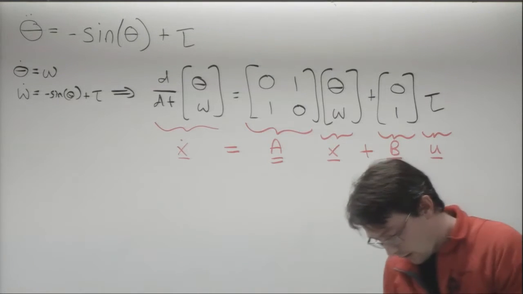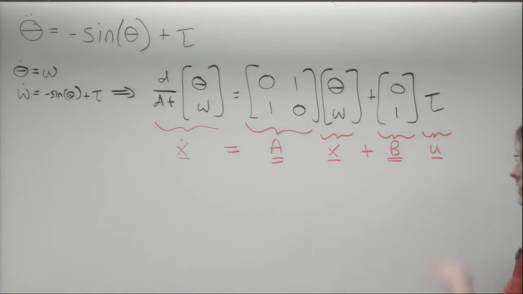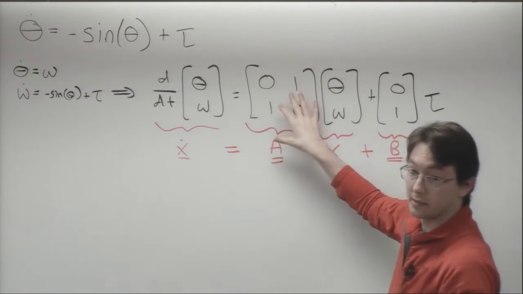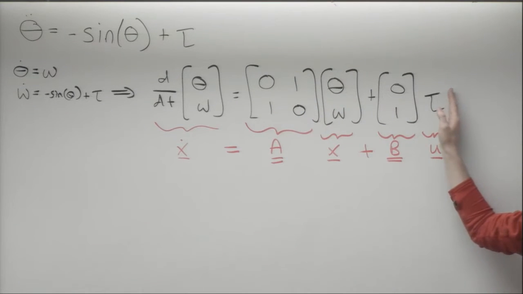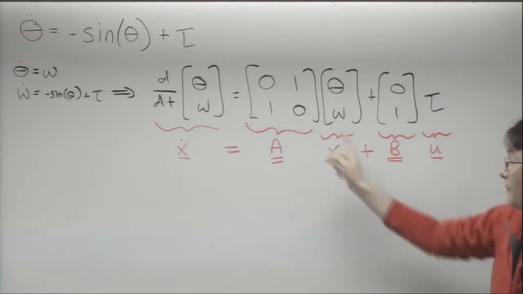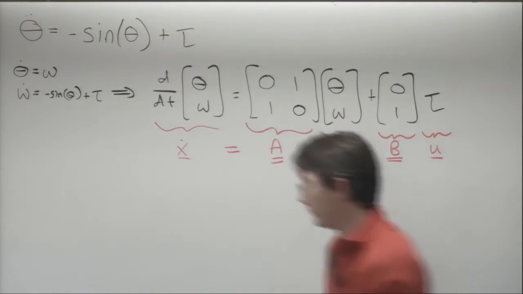And this is really the basis for all of feedback control theory. Feedback control allows you to change the linear dynamics of a system by adding some external forcing of your choosing. Usually you get to measure some quantities and you get to feed them back and try to stabilize your system.